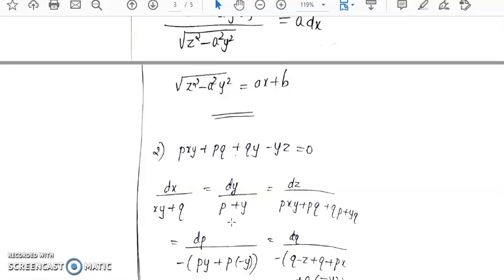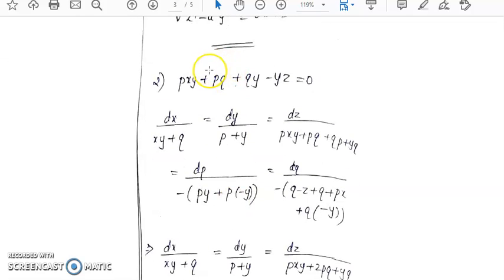So the next question is to solve the equation pxy plus pq plus qy minus yz equal to 0. Write Charpit's equation. So the equation will be dx by fp, which is xy plus q, dy by fq. fq is p plus y.